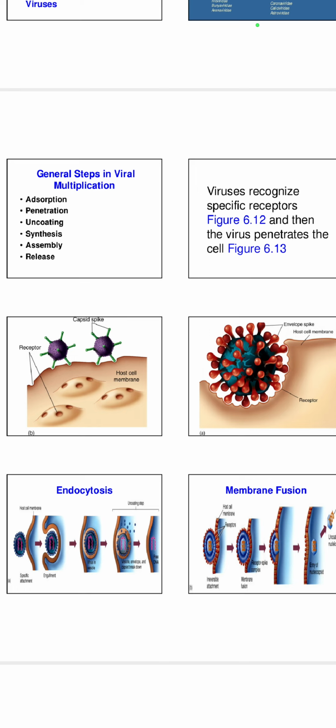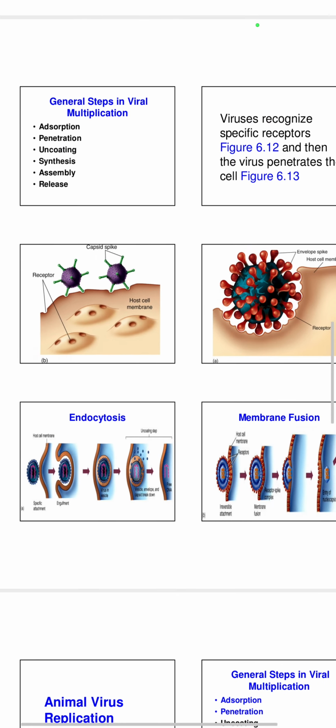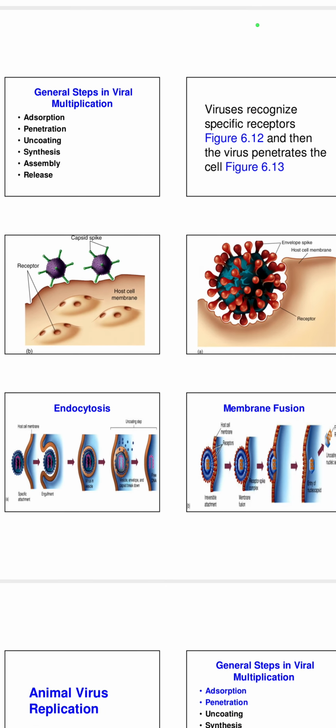So what happens in this penetration? The mechanism for penetration differs depending on whether there is an envelope or not. For enveloped viruses, one of the following 2 mechanisms is used: direct fusion and receptor-mediated endocytosis. For non-enveloped, naked viruses, receptor-mediated endocytosis is used for penetration.